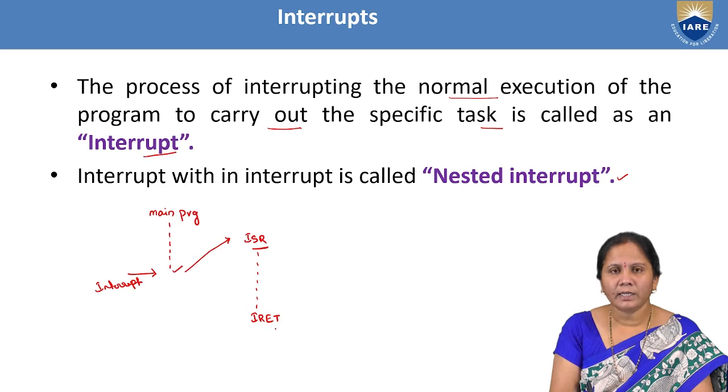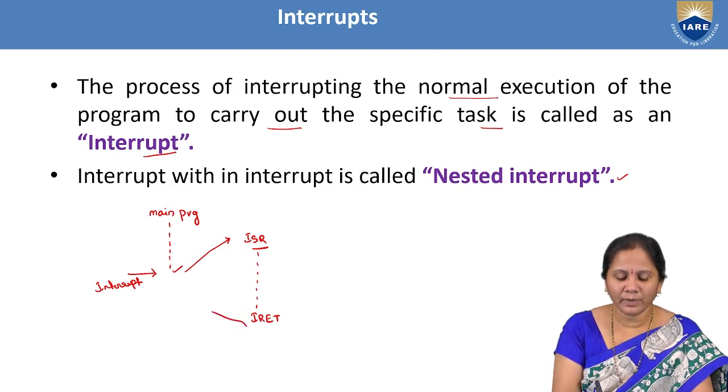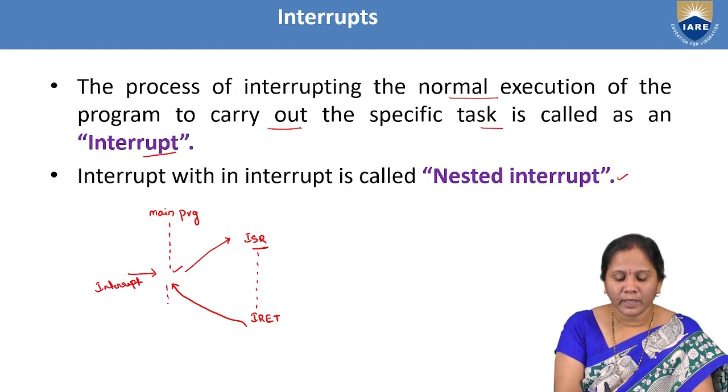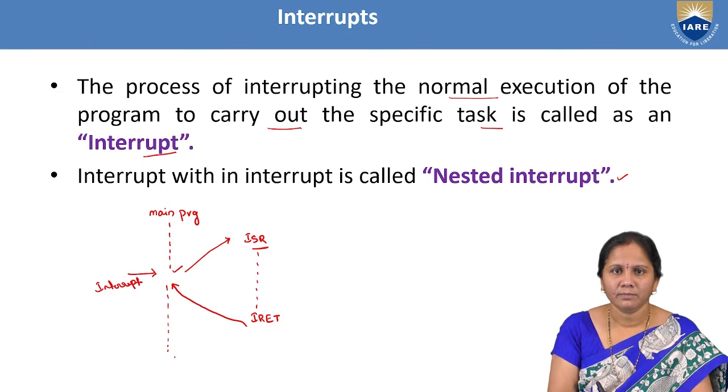When this IRET instruction is executed by the 8086 microprocessor, the processor pops the contents from the stack, and using those contents, the control moves to the location where it had stopped previously. From there, the program continues again.